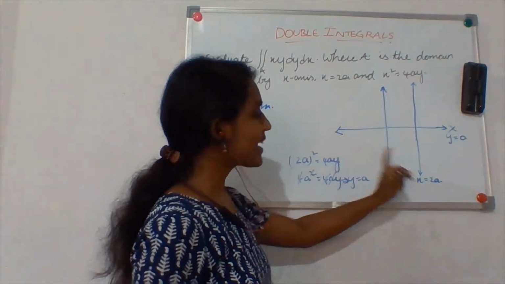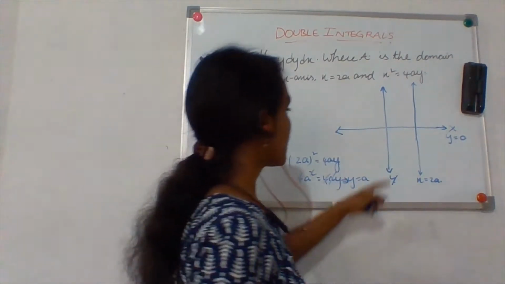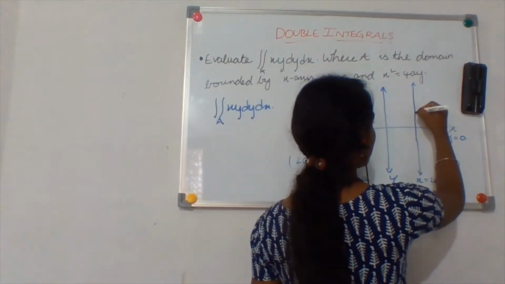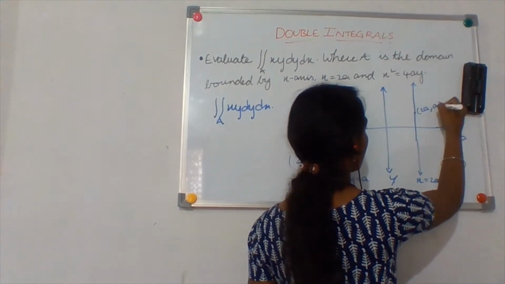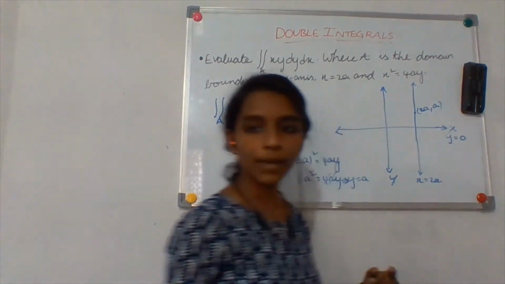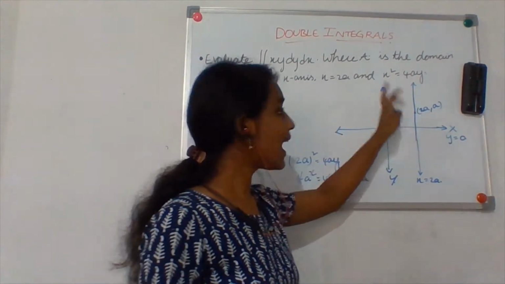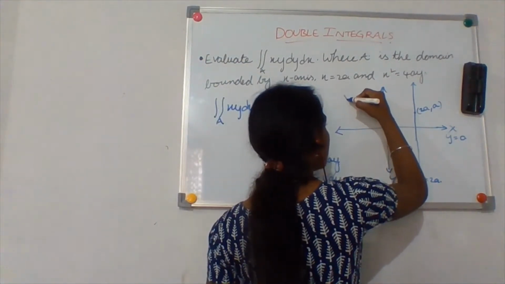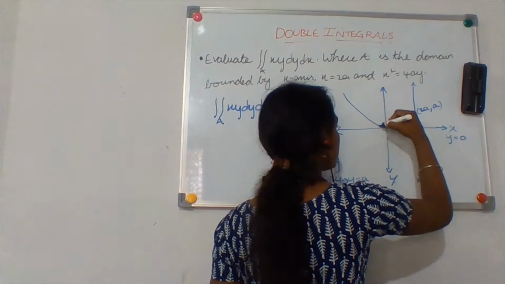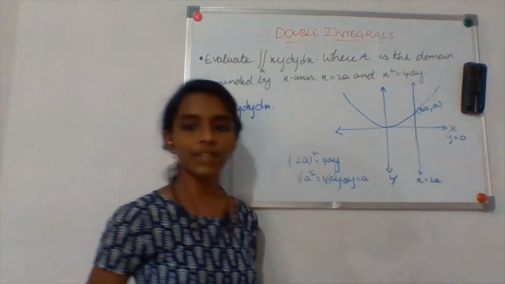So at x equals 2a, y equals a. So a will be somewhere around here. So this point will be (2a, a). That's the point, and through that point our required parabola passes. So let us draw it now. Something like this. Okay.